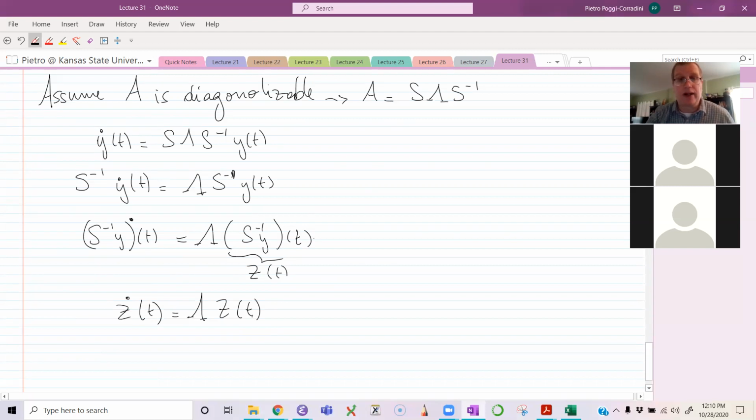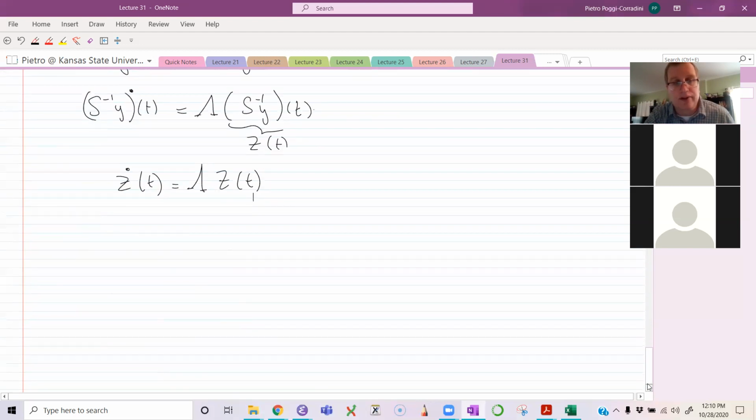All right, but that's very easy, in that we sort of decouple the various ODEs in the system of ODEs. Basically now we want for every j, zj dot of t should be lambda j zj of t, because lambda is a diagonal matrix.